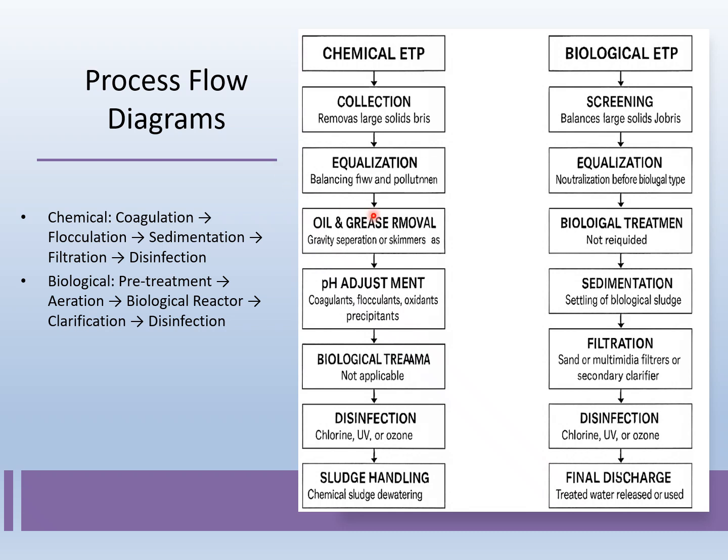Number two is equalization. Both chemical and biological have equalization, but the process differs. For chemical, equalization is balancing the flow and the pollutant, and for biological, equalization is neutralization before biological treatment.